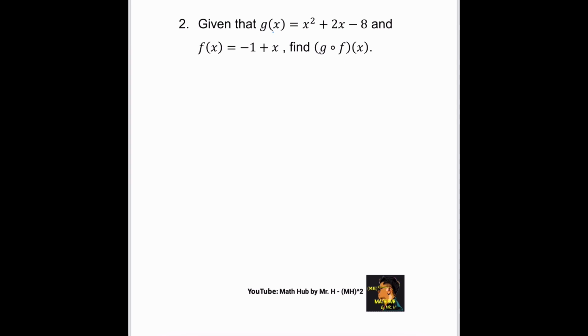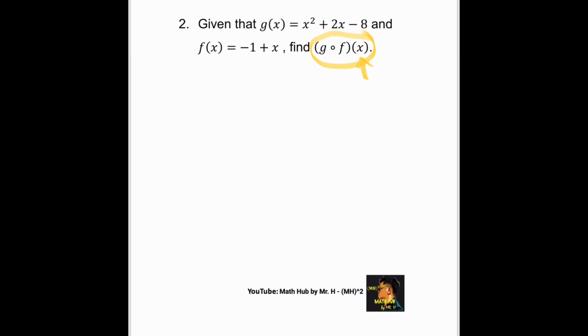Given that g of x is equal to x squared plus 2x minus 8, and f of x is equal to negative 1 plus x, find g of f of x. Alright, so you notice that from the given condition here, there's no specific value given.